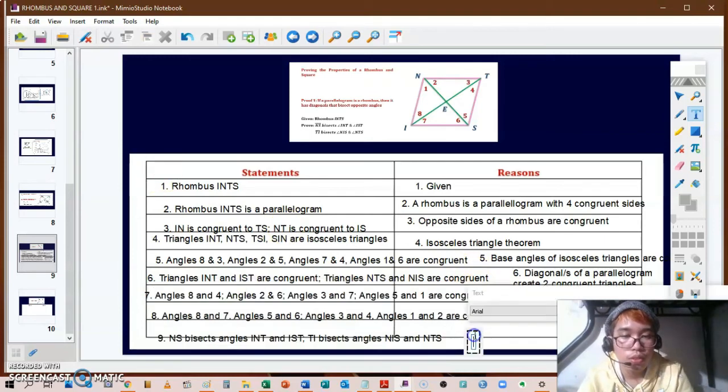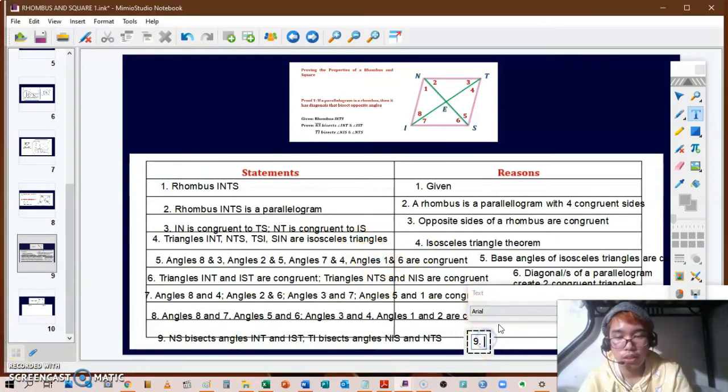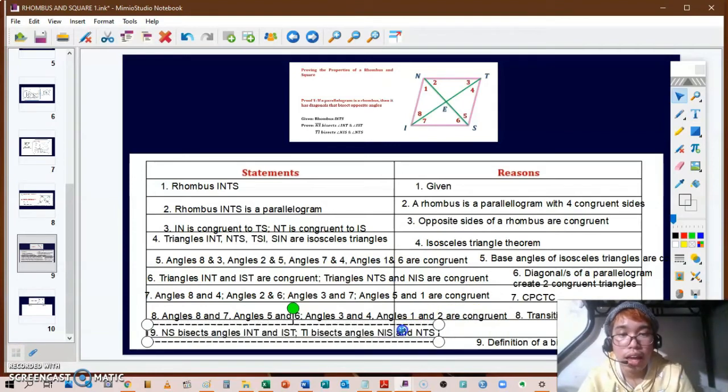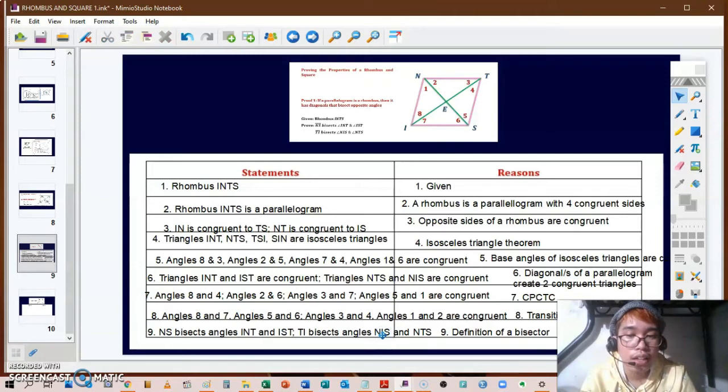The reason for that is the definition of a bisector, because you've already seen that angles 8 and 7 are congruent, angles 6 and 5 are congruent, angles 1 and 2 are congruent, and angles 3 and 4 are congruent. Therefore, through the definition of a bisector, NS and IT, the diagonals of this rhombus, are the bisectors for this rhombus.